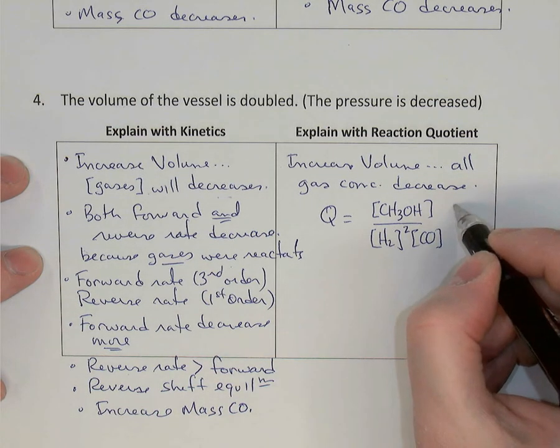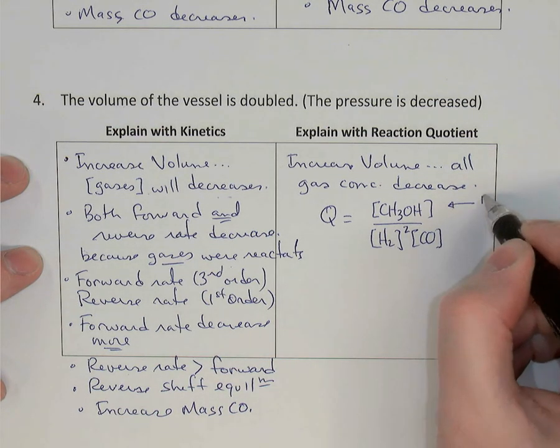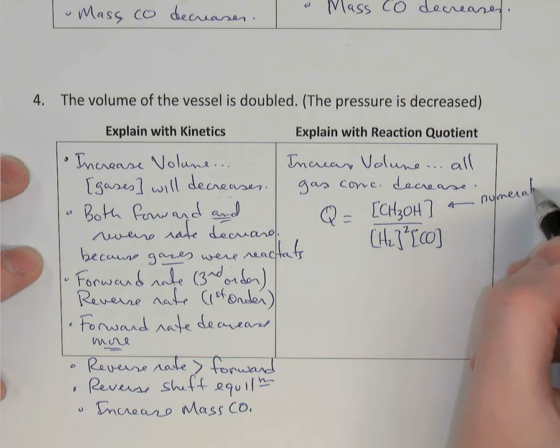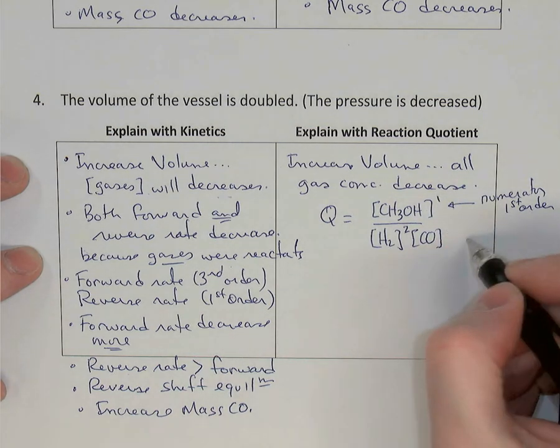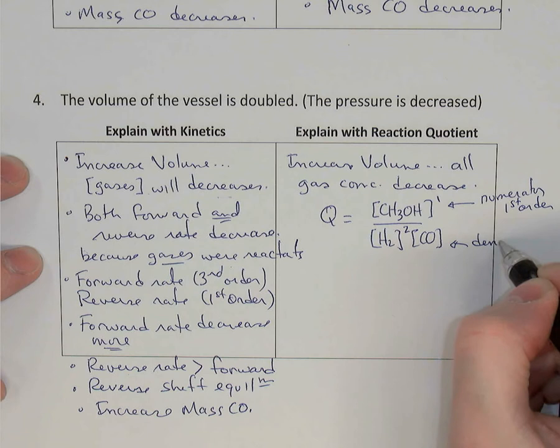So looking at the expression for Q, we notice that the numerator is first order. Okay, the methanol is raised to the power of 1, while the denominator is third order.